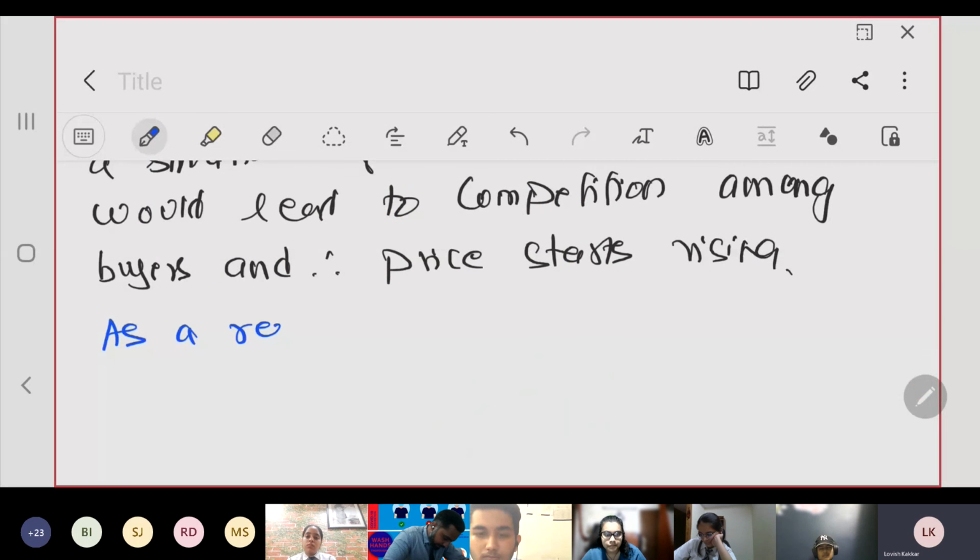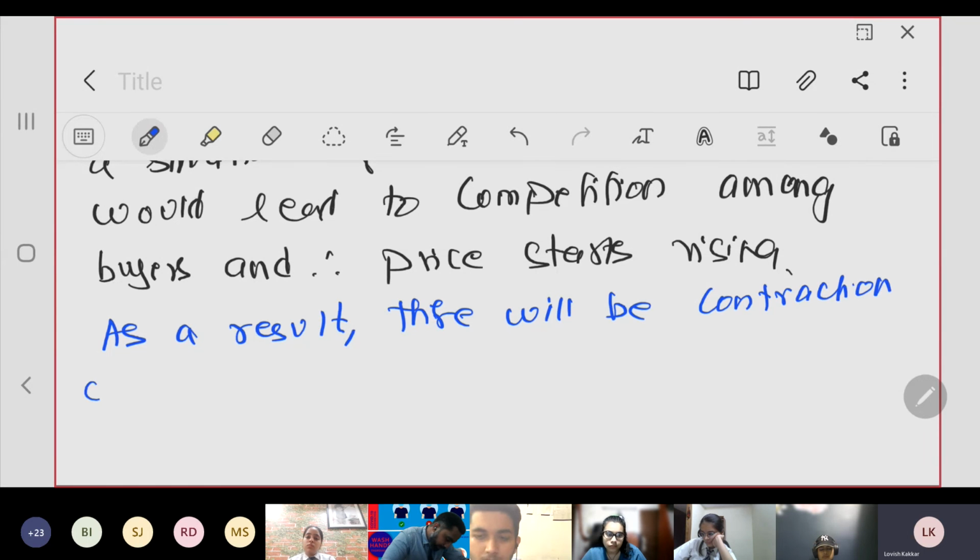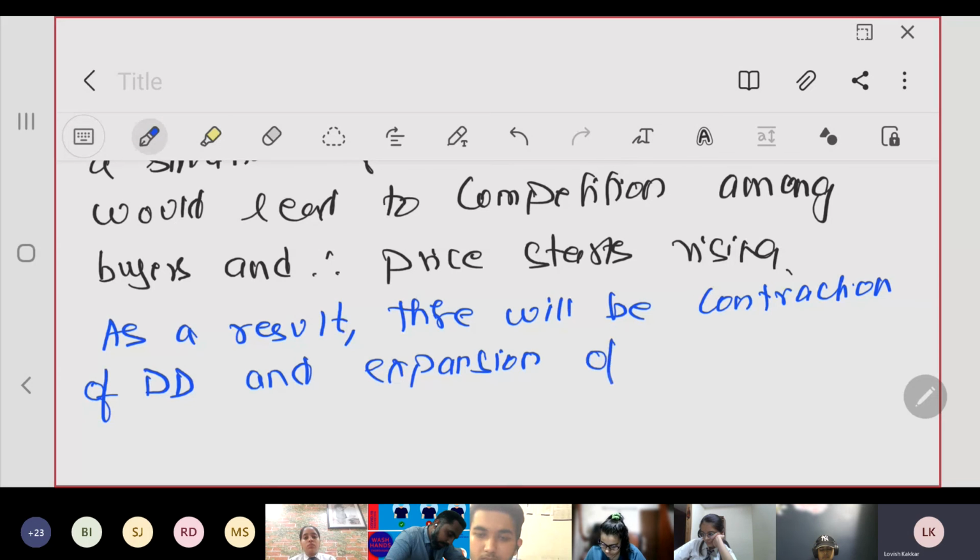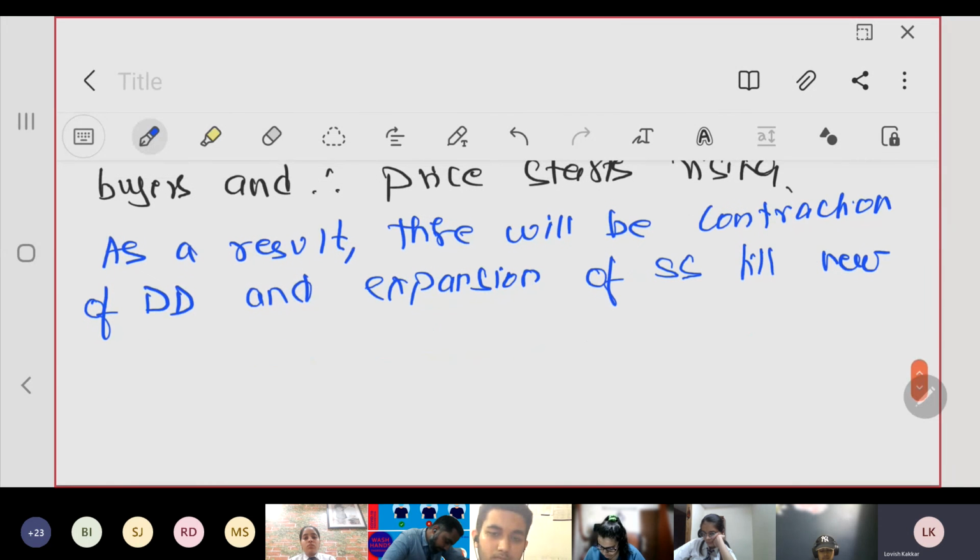As a result, there will be contraction of demand and expansion of supply till new equilibrium is achieved.